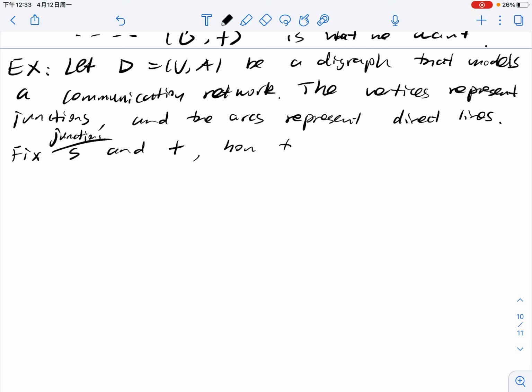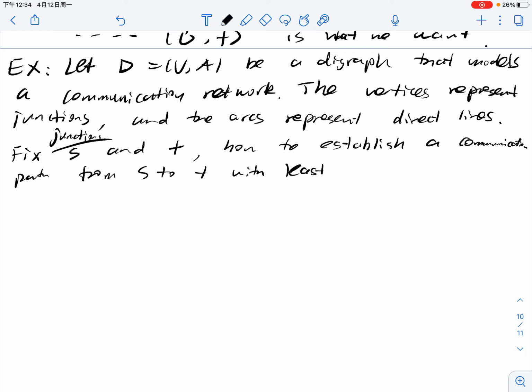How to establish a communication path from S to T with the fewest lines?